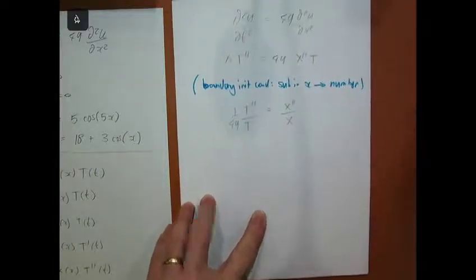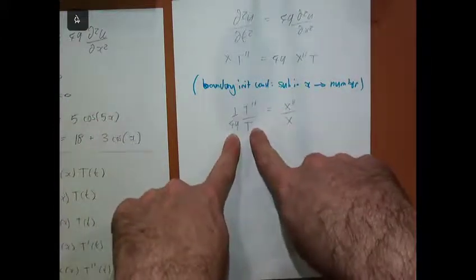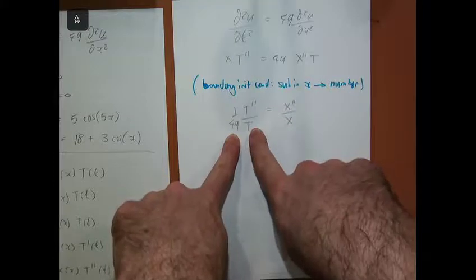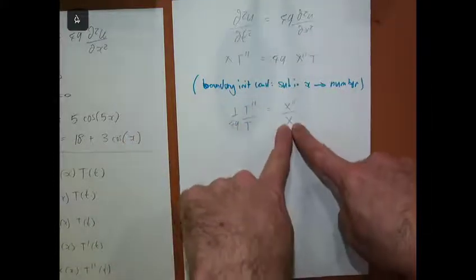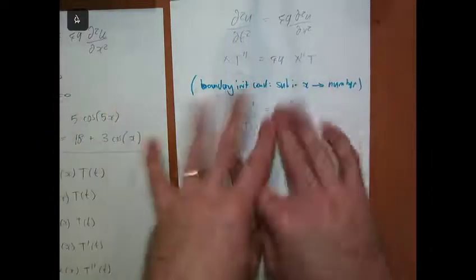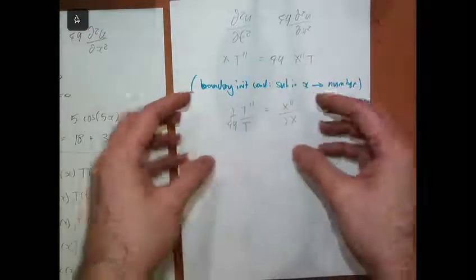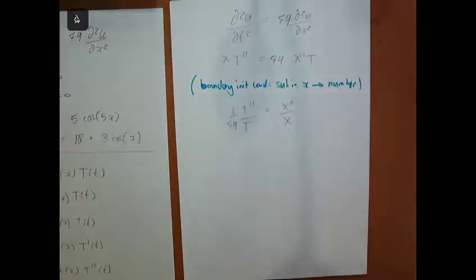All right, here is clever trick number 1. This is a function of t, and it doesn't have any x's in it. This is a function of x, and it doesn't have any t's in it. But they're the same function. So whatever this function is, that these two things are the same function of, that function doesn't have any x's in it, and it doesn't have any t's in it.